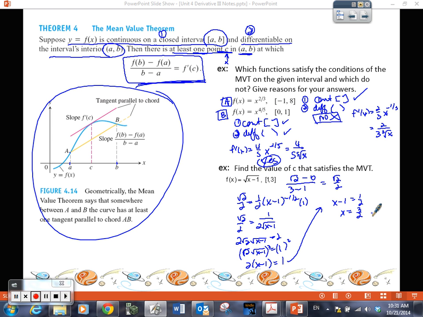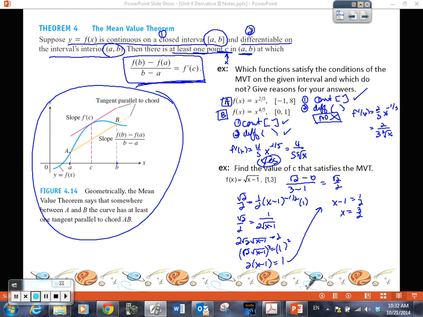And you need to go back to the original, not to any of the iterations that we have. Go back to the original and see if my original derivative, if I sub in a 3 halves here, if it in fact equals root 2 over 2. And I will tell you in this case it does, but it would be worth checking. Okay, it'd be worth checking because I used a technique that will sometimes generate extraneous solution.